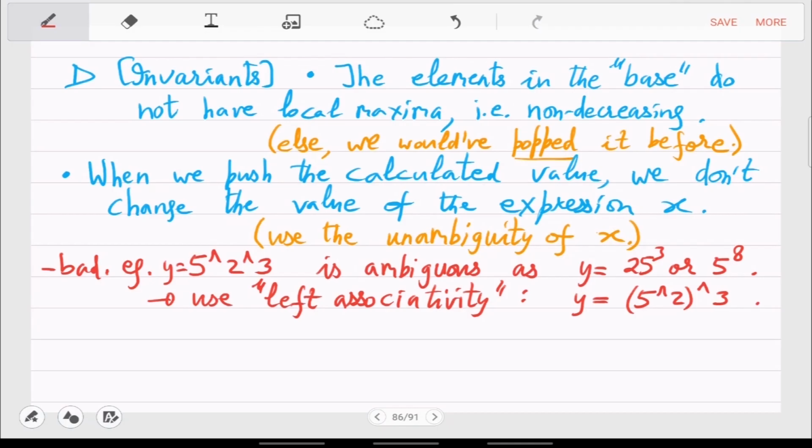But mathematically it's correct that the y expression is considered 25 cube. If you meant the other expression, how do you get 5 to the 8? Then you are forced to put parentheses like this, and this is not the same as y. That's why parentheses are needed: amongst the two solutions, one follows the left associativity rule, and if you meant the second one, you have to force a parenthesization.